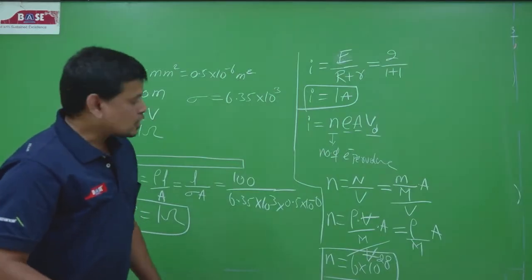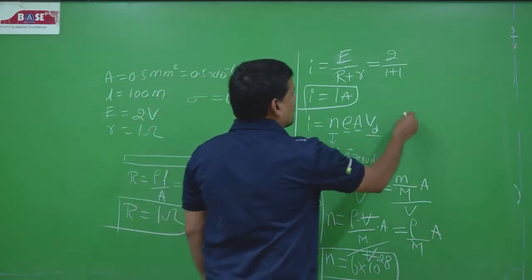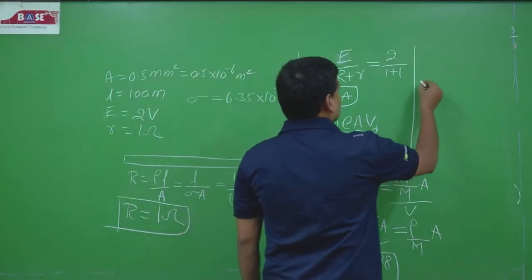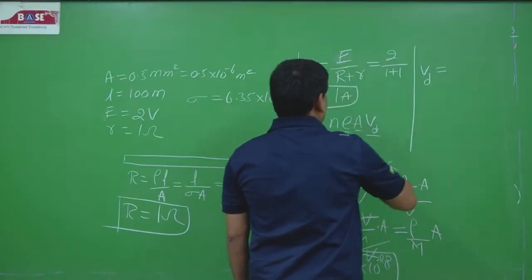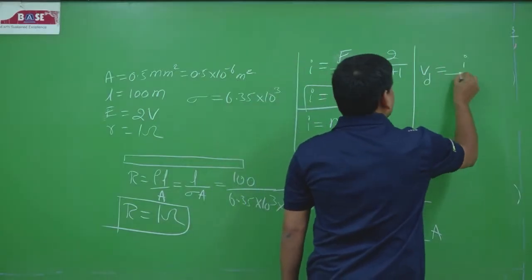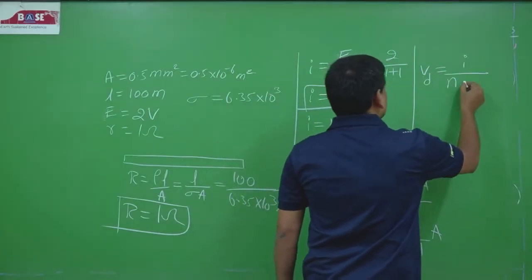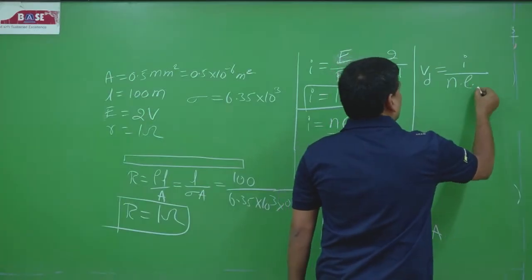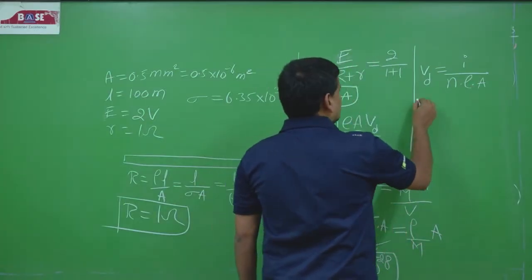Now the actual question is to find the drift velocity, and the drift velocity is current I divided by number density, charge of electron, and cross-section area.